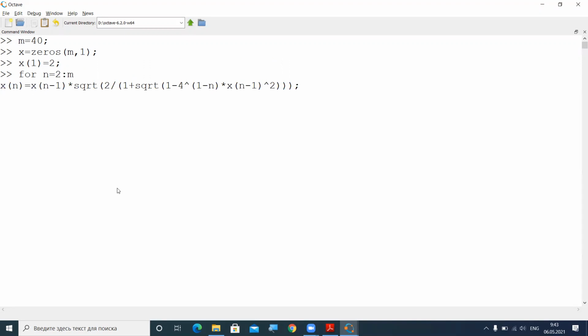So xn equals xn minus 1 sqrt 2 over 1 plus sqrt 1 minus 4, 1 minus n, 2. Now it's correct.